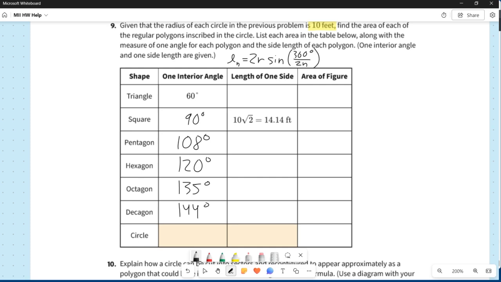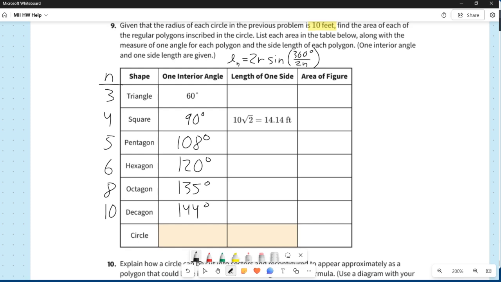Here, n, again, is dependent upon the number of sides. So I could do a real quick column over here. N is 3, 4, 5, 6, 8, 10. And for a circle, maybe infinity, however you want to think of a circle.